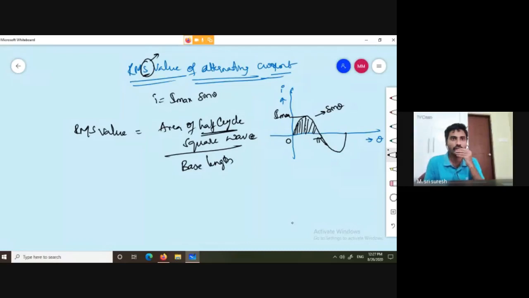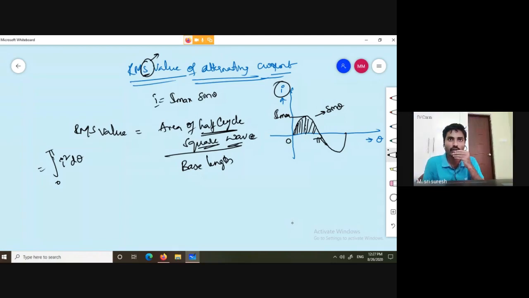So the area of a square wave means the integration from 0 to pi of i square d theta. Why? Because it is a squared wave. The alternating current waveform is represented by i.